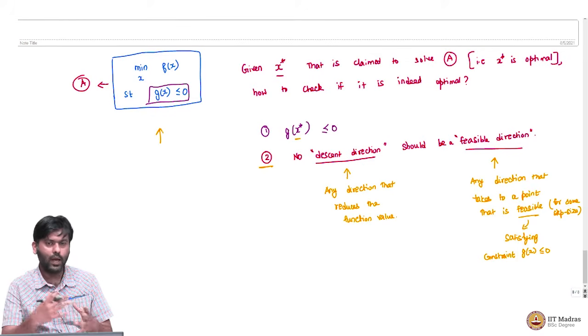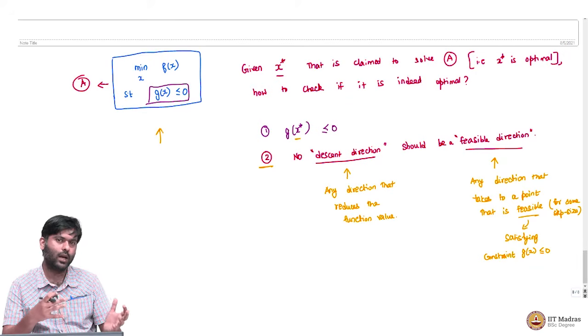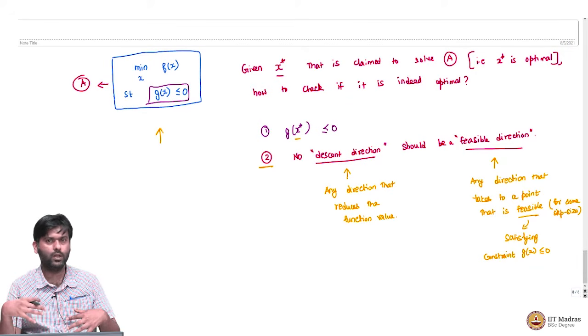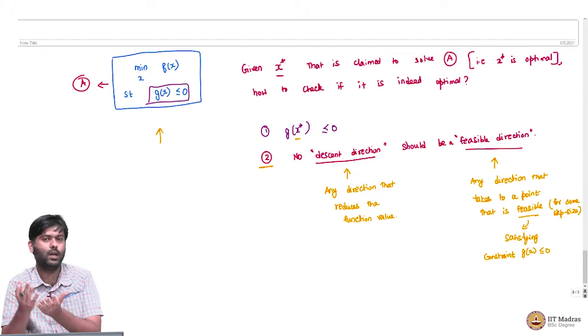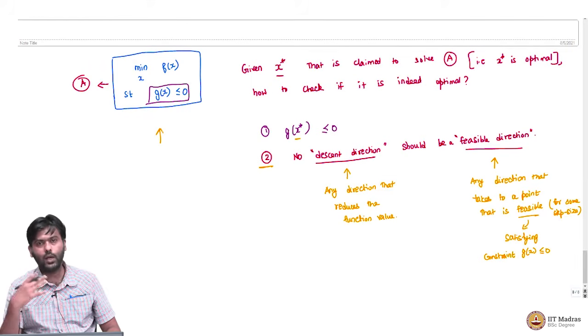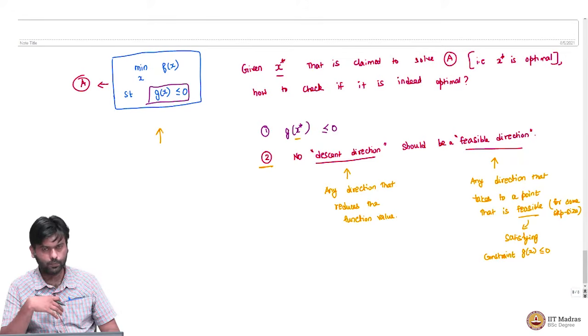So I have moved to a new point where I am still satisfying the constraint, and additionally the function value has further reduced, which means that the original point, x star, could not be optimal because the function value at x star is higher than this new point, which I could potentially reach if there was a descent direction which is also feasible.